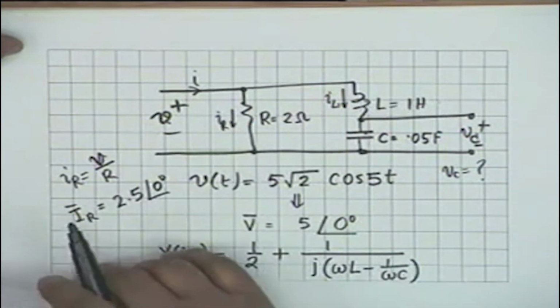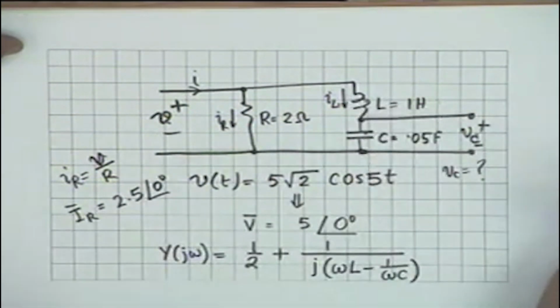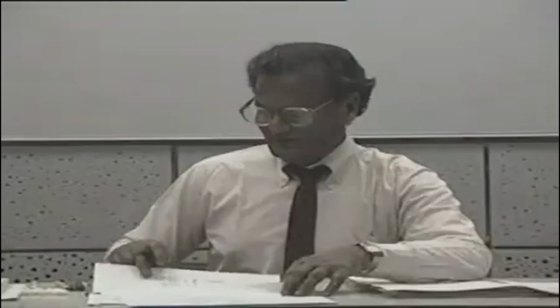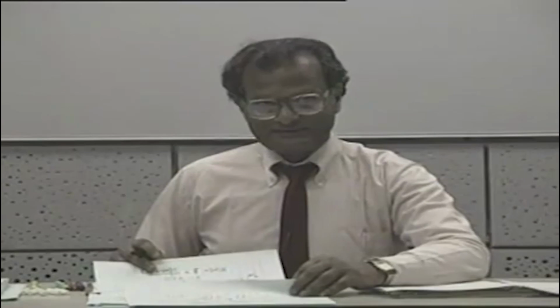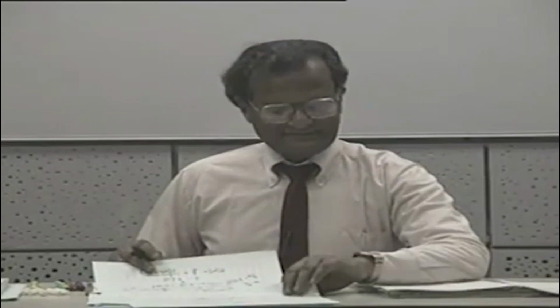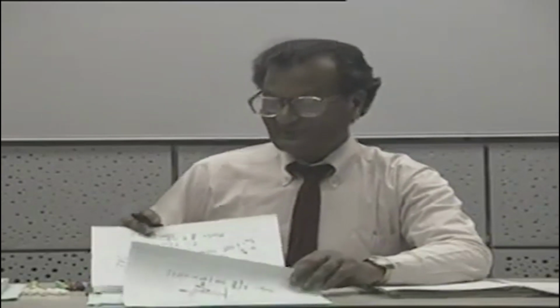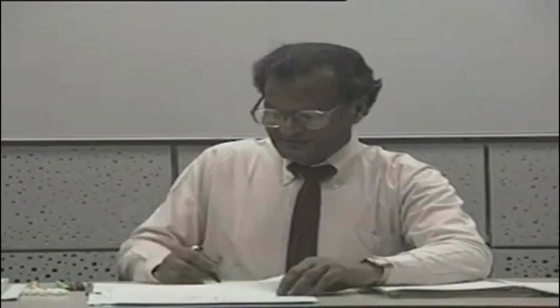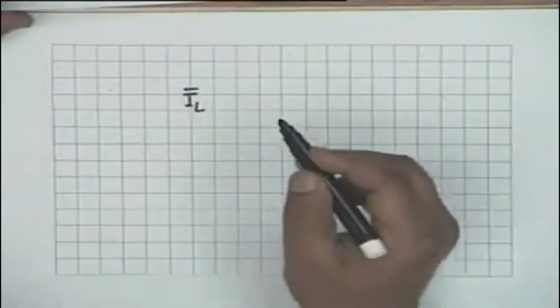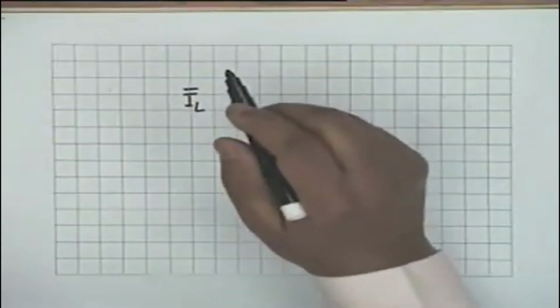Suppose I want to find out IL. That would be more interesting. The phasor IL. What do you think its relationship shall be to the voltage phasor V? I should be happy if you can say.